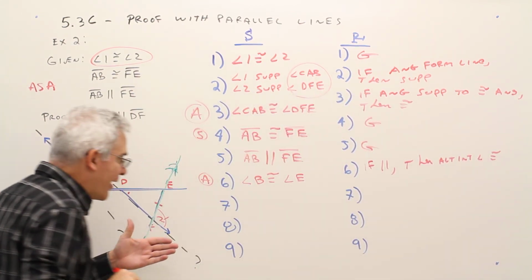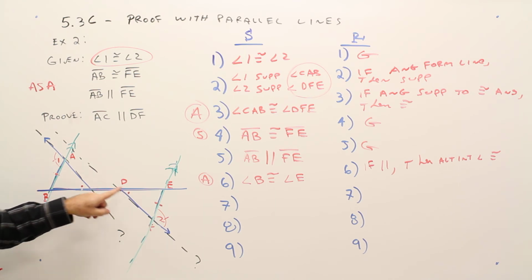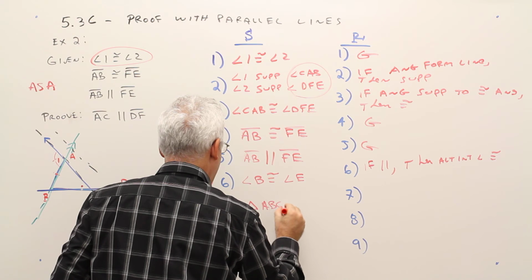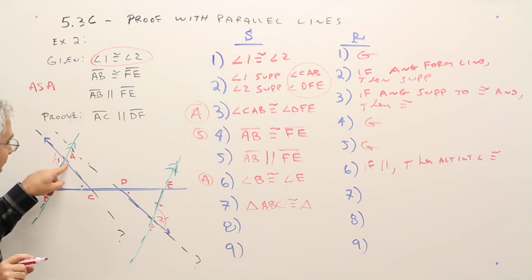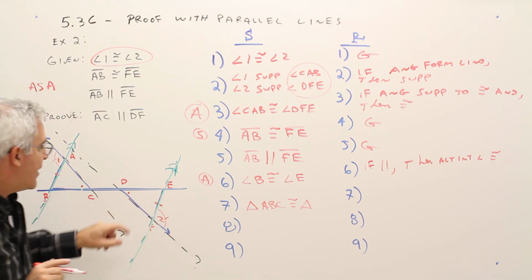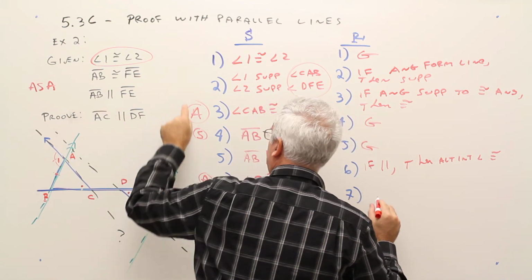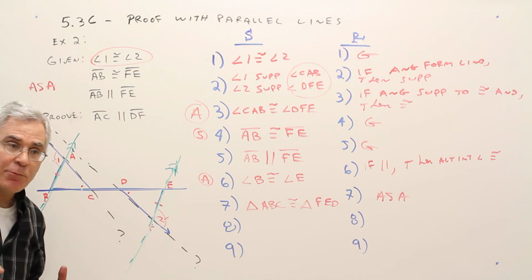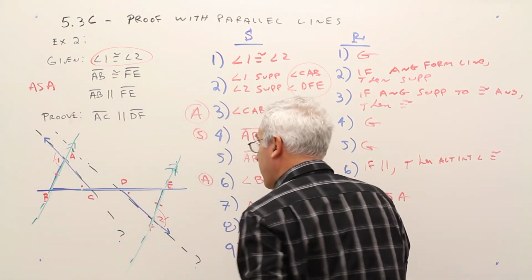Okay, now I'm going to get those triangles congruent. I ultimately care about that angle and that angle. So I'll say triangle ABC. I've got to be careful now. If I start with A, I'm going to start with F. AB, so FED. And that would be by ASA. And then, once I get those triangles, I could get those angles that I'm ultimately concerned about.